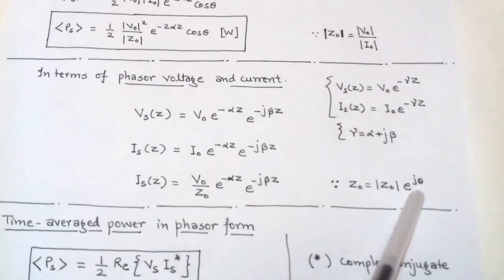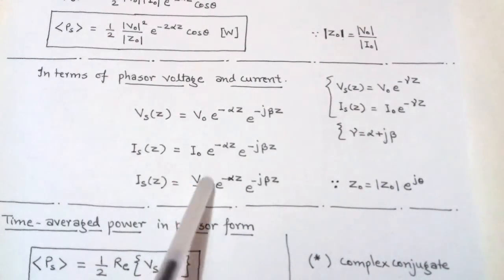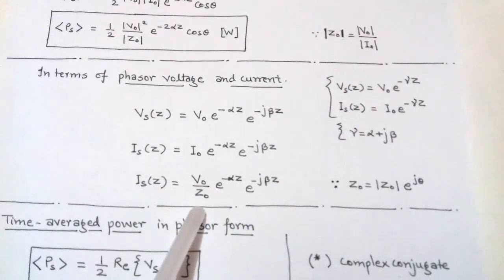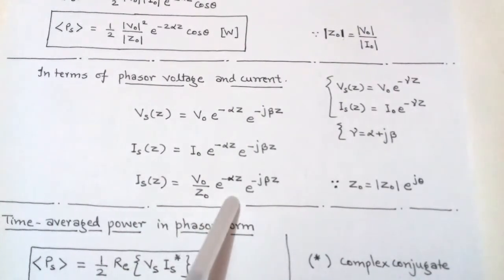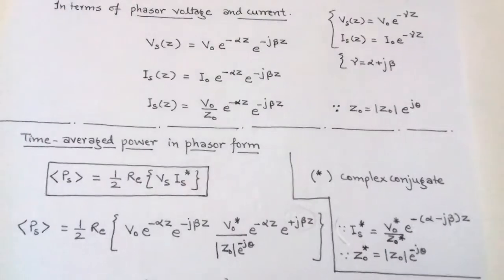So we can write the current phasor in terms of characteristic impedance. In place of I0 we can write V0/Z0, because Z0 = V0/I0, the ratio of voltage to current amplitude. So the current phasor is V0/Z0 e^(-αz) e^(-jβz).